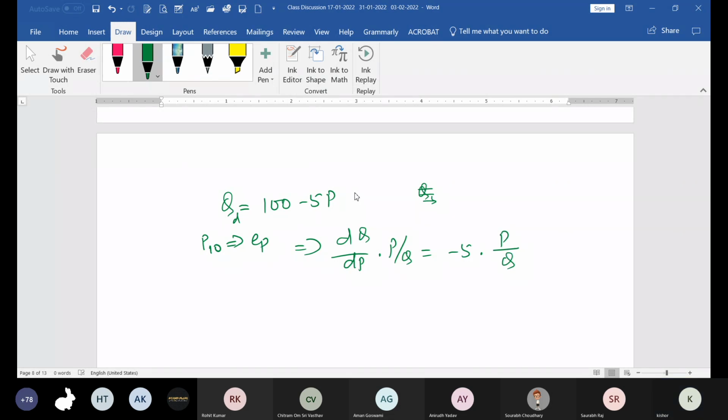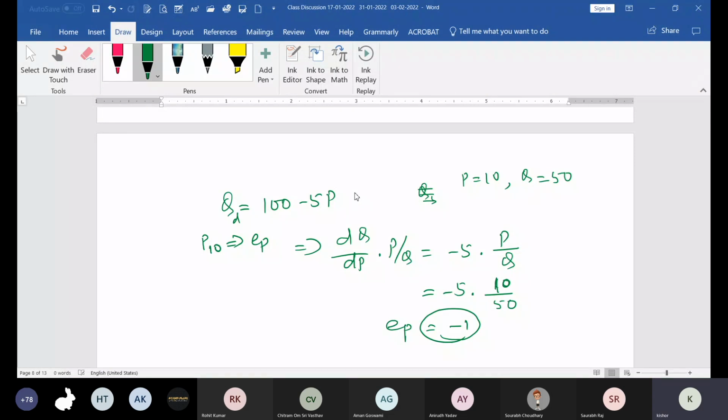Okay? But what I said, measure elasticity at price 10. So then it will be minus 5 into P, which is 10. And when P equal to 10, Q equal to 100 minus 50, which is 50. So ultimately, you are getting an elasticity value of minus 1.